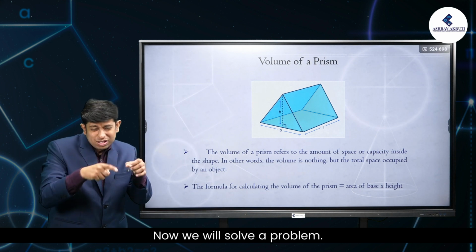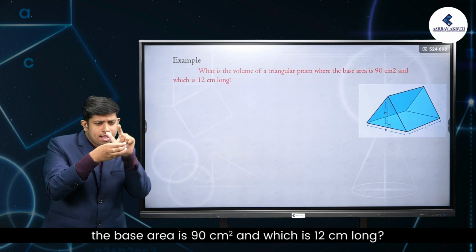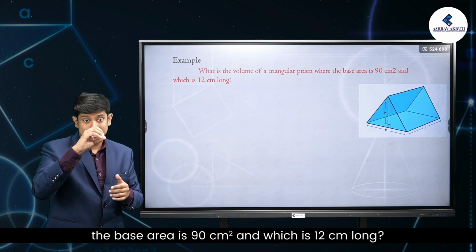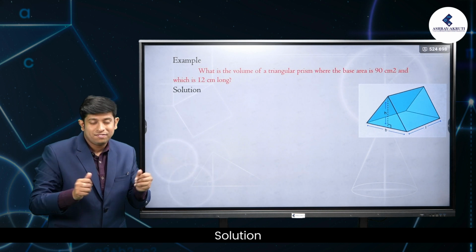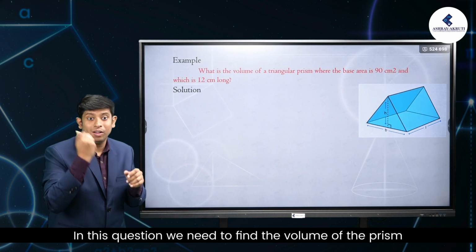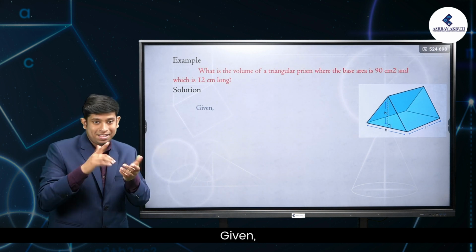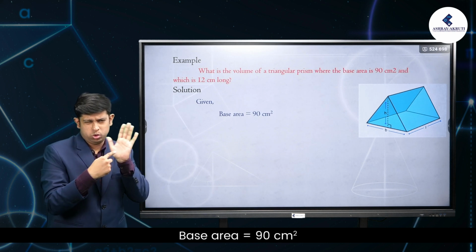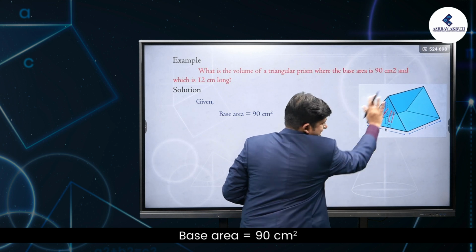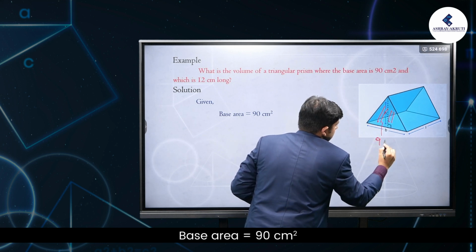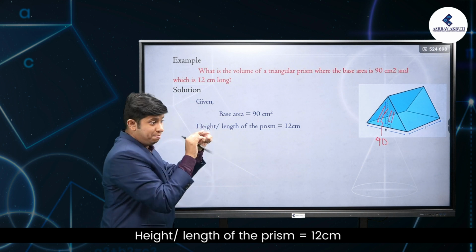Now we will solve a problem. What is the volume of a triangular prism where the base area is 90 cm square and which is 12 cm long? Solution. In this question, we need to find the volume of the prism. Given base area is equal to 90 cm square, height of the prism is equal to 12 cm.